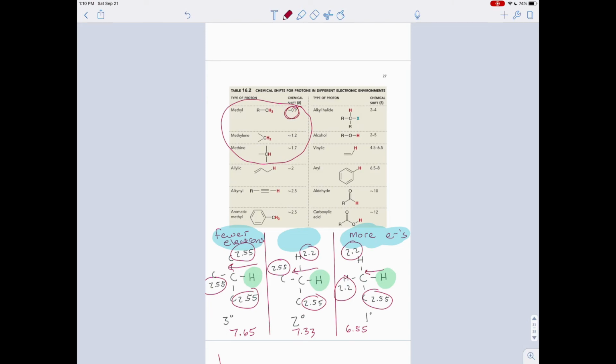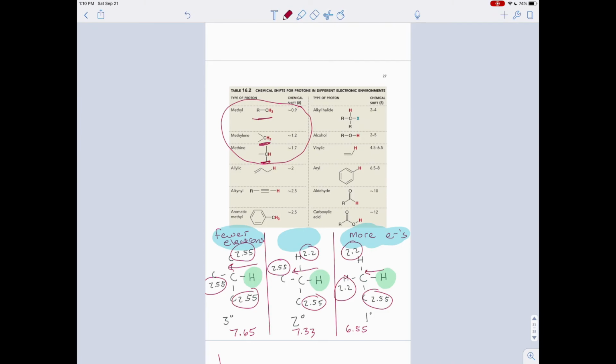The number to begin with is small because there's nothing really electronegative nearby. So these hydrogens are keeping most of their electrons. So the electrons are overall able to oppose the external magnetic field pretty well, and it's easier to flip the nuclei. But as you go from a primary to a secondary to a tertiary hydrogen, the carbon that the hydrogen is on, you have more electronegative atoms nearby.